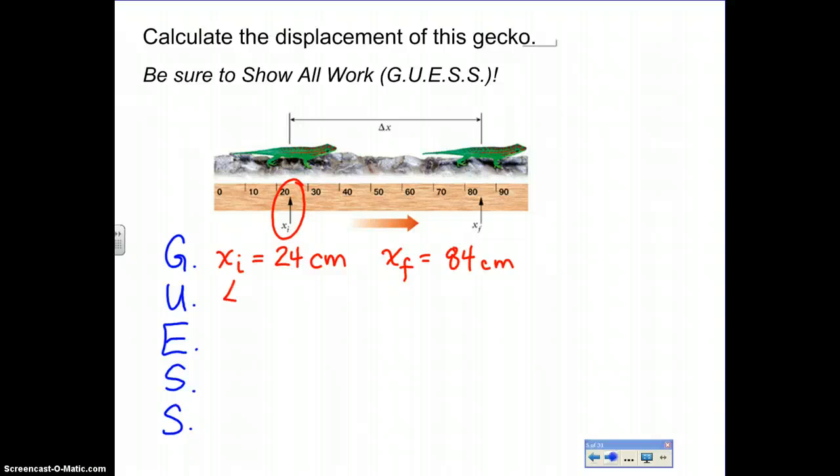What is the unknown? Delta x, our displacement. What equation could we use? Well, the only equation we know so far is that our displacement is going to be our final position minus our initial position. Let's go ahead and calculate our answer.